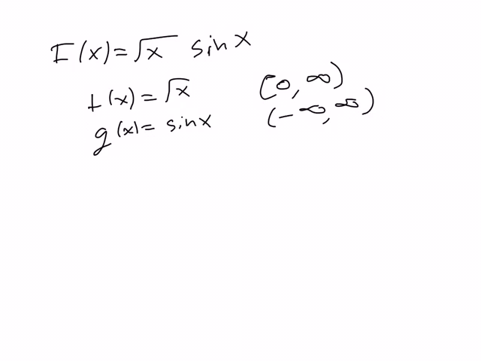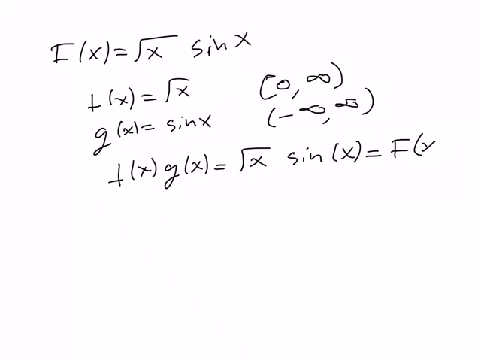Because of that, again using the theorem, you have f of g of x, which is equal to this, and it's continuous everywhere it's defined, which is on the interval 0 to infinity.